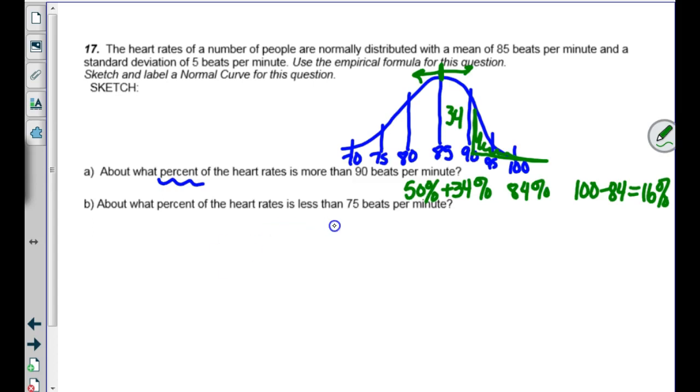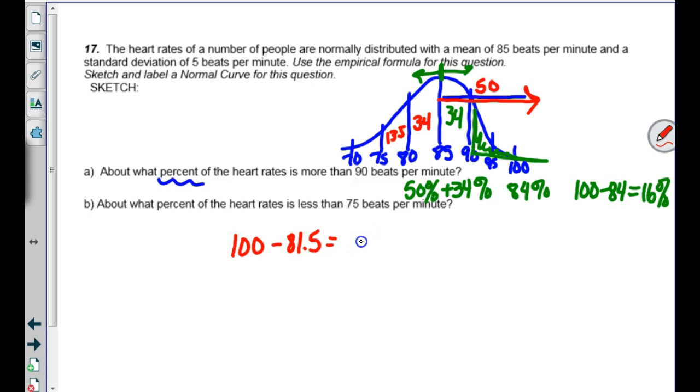Okay. What percent is less than 75 beats? Well, again, everybody above this would be 50%. Then you'd have this 34% and this 13.5. And we want everybody below that. So 100 minus all of those, I think, is 81.5, isn't it?